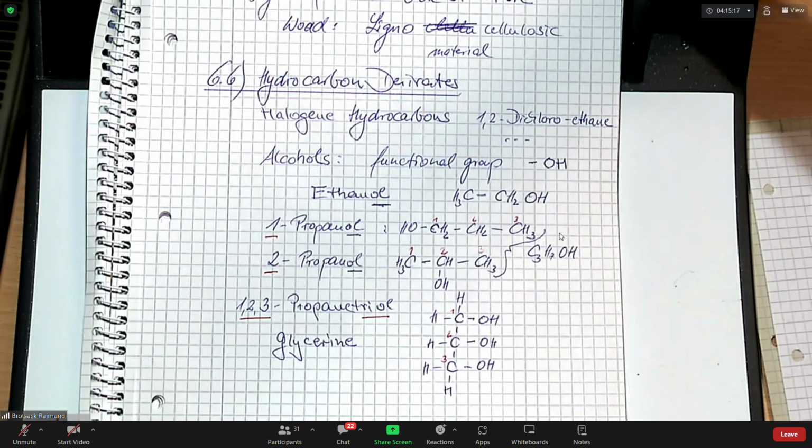And even this is what we will need in the course, because that is one part of the main structure of plant oils, like sunflower oil or rape oil or others, palm oil.